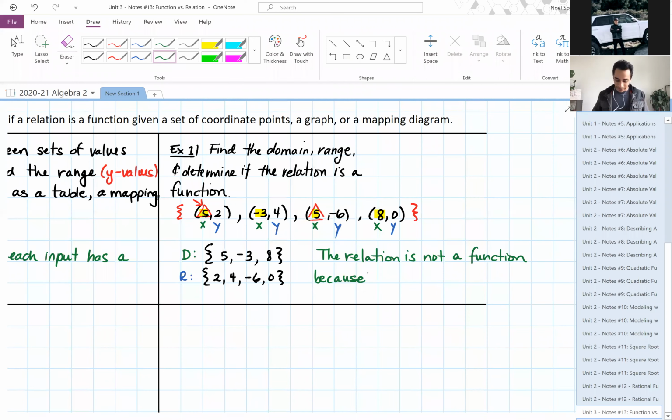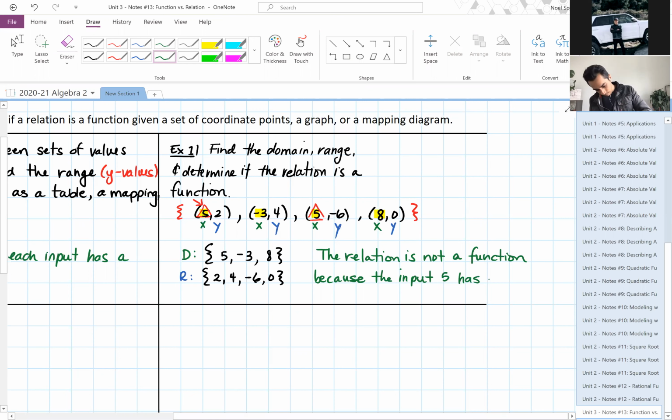So the relation is not a function because the input 5 has 2 different outputs, 2 and -6.